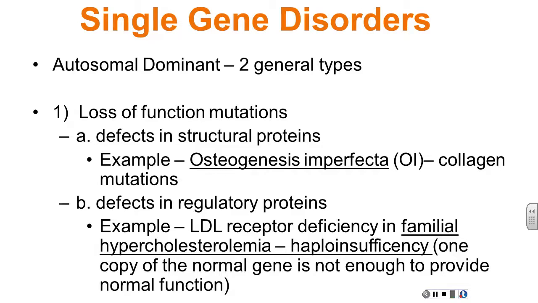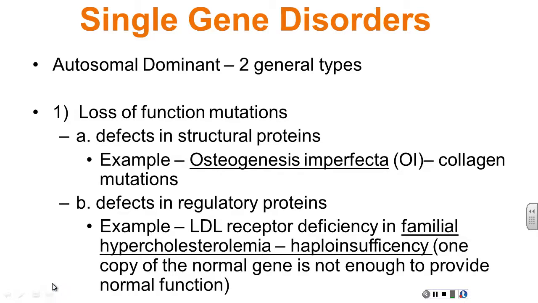If one of the genes is defective, and 50% of the protein you're making for that pathway is not working correctly, it affects the whole pathway. It still works, but not as well as it should, and therefore you end up with symptoms of a disease. This is something we call haploinsufficiency, where one copy of a normal gene is not enough to provide normal function.